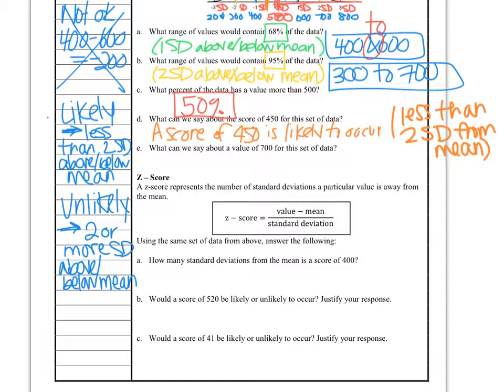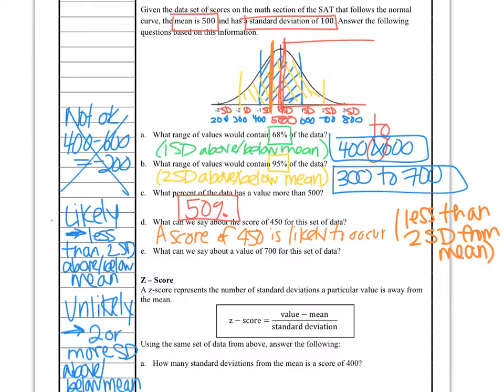So when we look at part E and it says, what can we say about a value of 700 for this set of data? Well, if I look at my options for 700, I can't scroll. At 700, we are right here. Well, 700 is exactly 2 standard deviations from the mean.